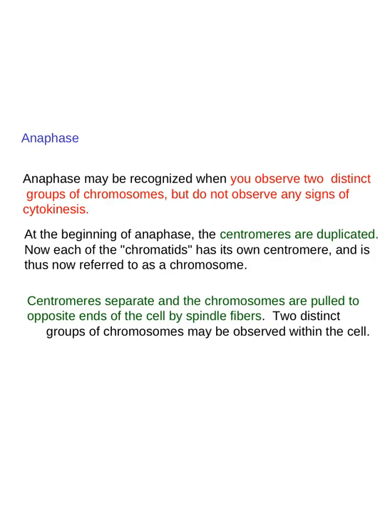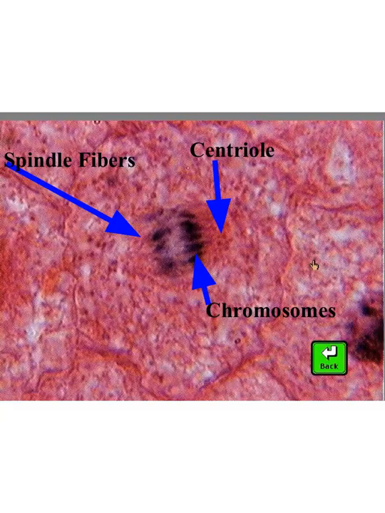You're going to have two distinct sets of chromosomes going from point A to point B. So once again, in anaphase, we have two sets of chromosomes, and that's our big hint that you're in anaphase. This set is going in this direction, this one's going in that direction.